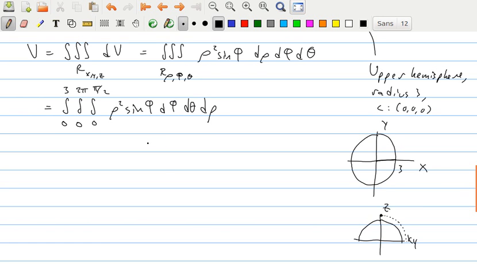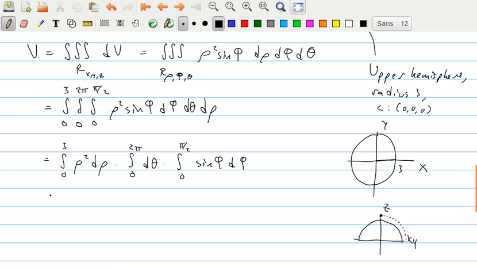Now, luckily, as often happens in spherical coordinates, we can use the box theorem on this because our limits of integration are constant and the function factors up nicely. So we can rewrite this as the integral from 0 to 3 of rho squared d rho, integral from 0 to 2 pi of d theta, integral from 0 to pi over 2 of sine of phi d phi.